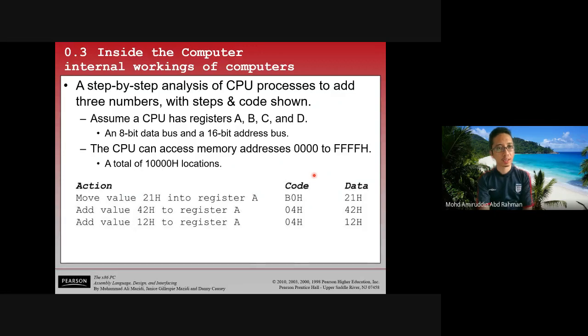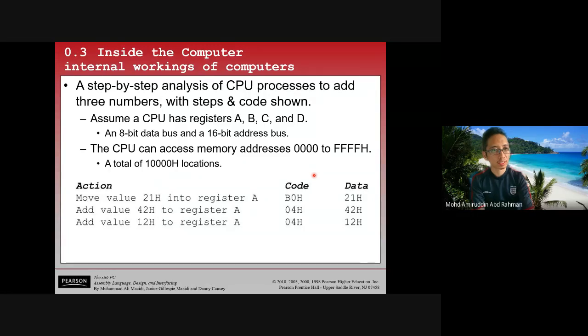The CPU can access memory addresses from 0000 to FFFFH. So we have a total of how many locations? 10000H locations. That's the total memory address that the CPU can access.